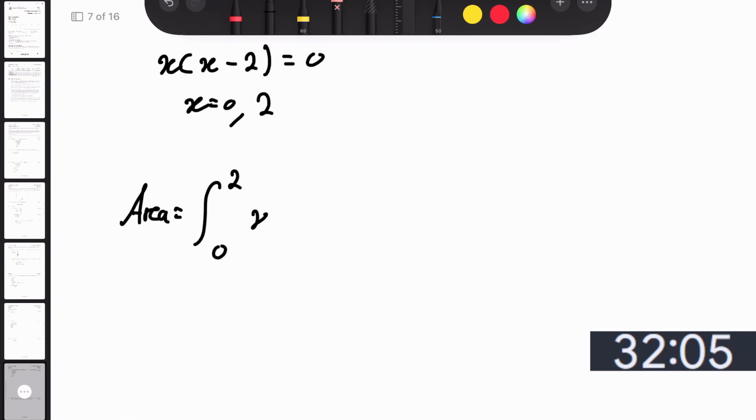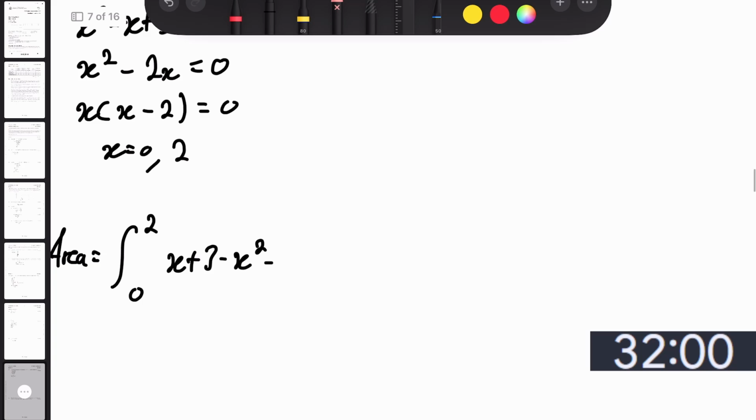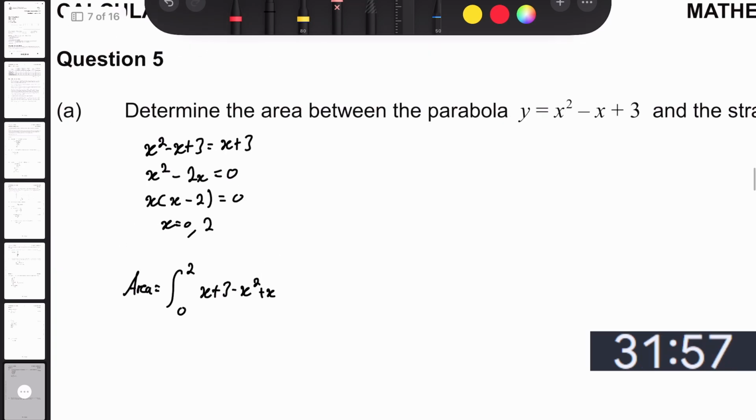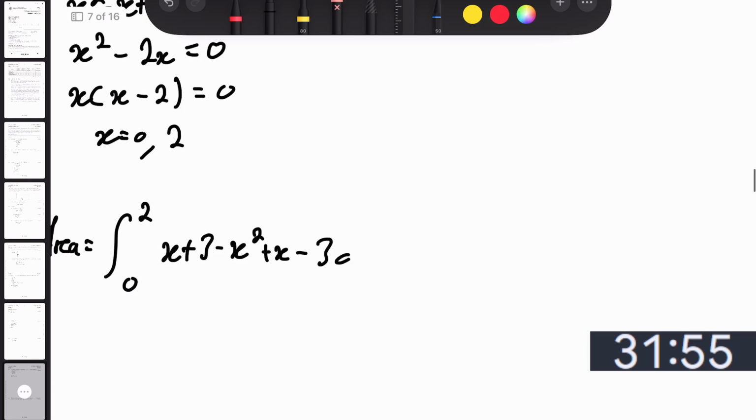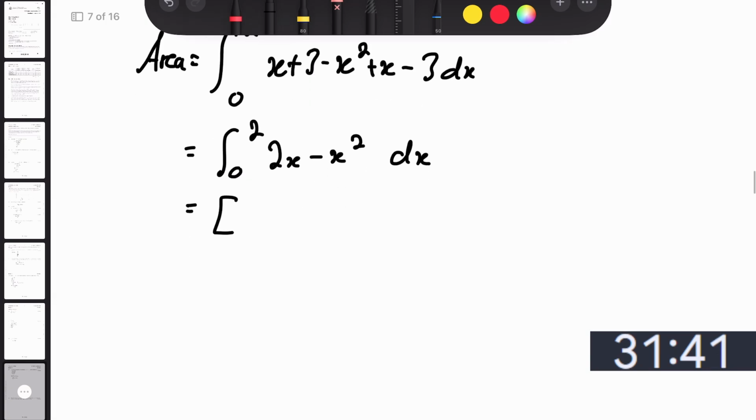I'm going to have x plus 3 minus x squared minus x, so that's going to be plus x, and then minus 3, dx, from 0 to 2. The 3's will cancel, so I have 2x minus x squared dx. So raise the power by 1, divide by the new power: x squared minus x to the power of 3 on 3, from 2 to 0.